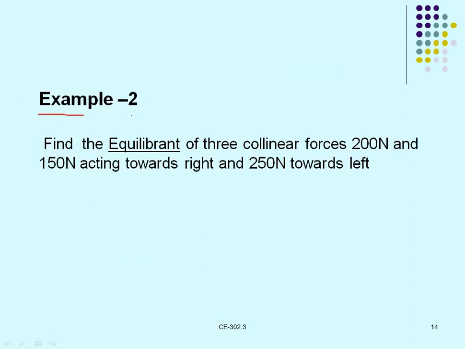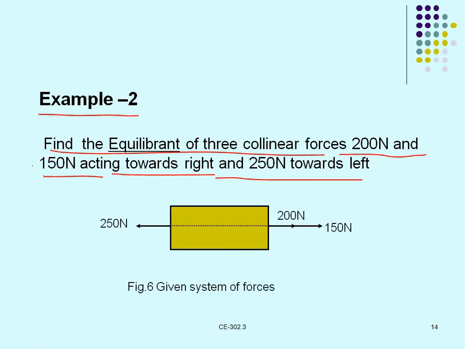Next one, example 2. Find the equilibrium of three collinear forces: 200 newtons and 150 newtons acting towards right and 250 newtons towards left. As per the question, we have to draw the diagram compulsorily.